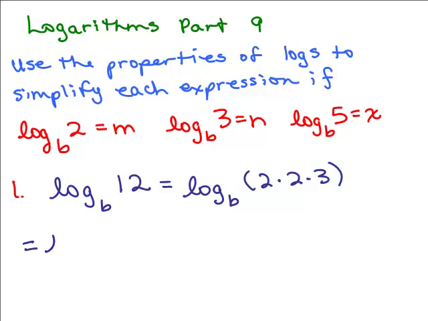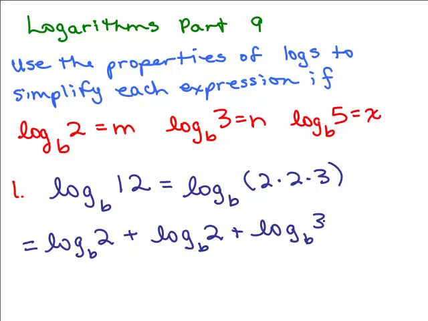I was given what each of those was equal to up here in red. So the log of 2 base b is m, plus m, plus the log of 3 base b, which was n. So the answer would be 2m plus n.